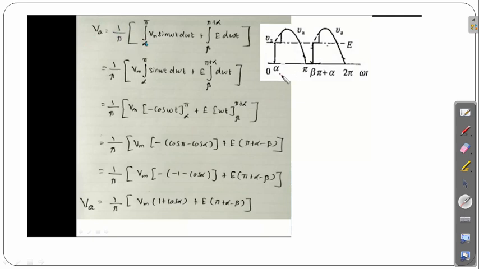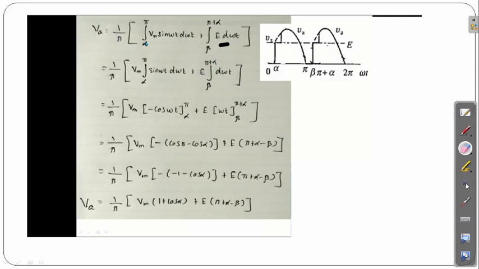Here, alpha to pi we already know, sin omega t d omega t. The interval pi to pi plus alpha is nothing but the EMF region, where the motor EMF energy will appear here. So we will take that E here, then do the equation.